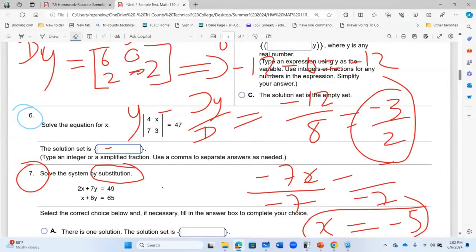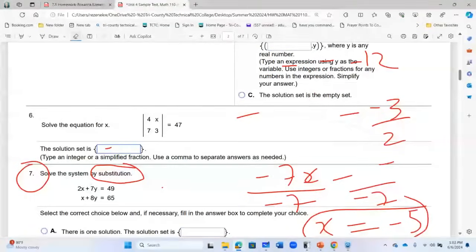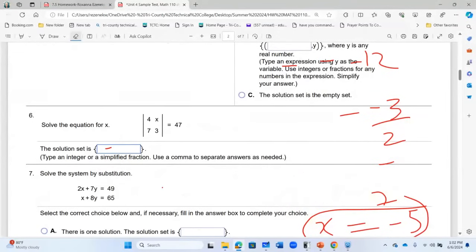Let's go to number 6. I'm not trying to do it, but I just want to write it out. You have already done an example like number 6, so I don't want to repeat that. Okay. So let's get a 3 by 3 and solve by Cramer's rule.